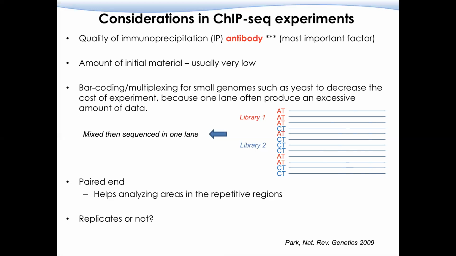We can use a different barcode for each study and put them in one lane, so we can save time, save money, and also avoid the PCR bias because we need a large amount of data for those sequences. And paired end can help us analyze repetitive regions.